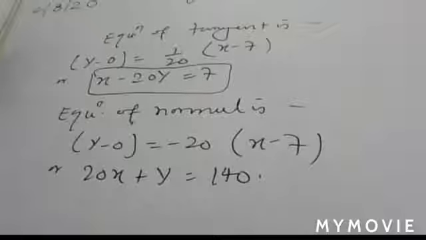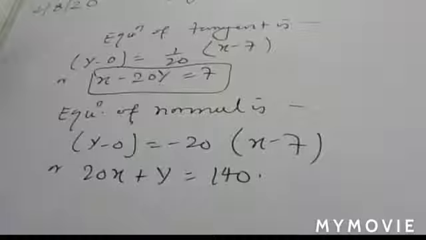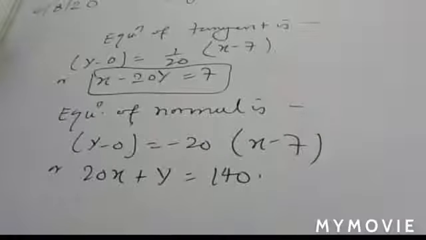Tomorrow we will discuss questions based on tangent and normal in which the point of contact is not given and you are given a certain condition, or sometimes the tangent and normal pass through a given point, but that point is not lying on the curve. In this situation, how do you find the equation of tangent and normal? We will discuss all that topic.